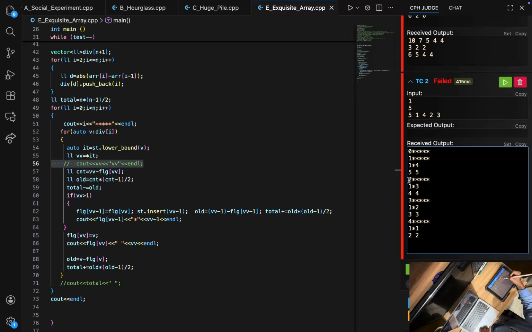Okay, for 2 it gets 1 3, and 4 4. For 3 it gets 1 2, and 3 3.